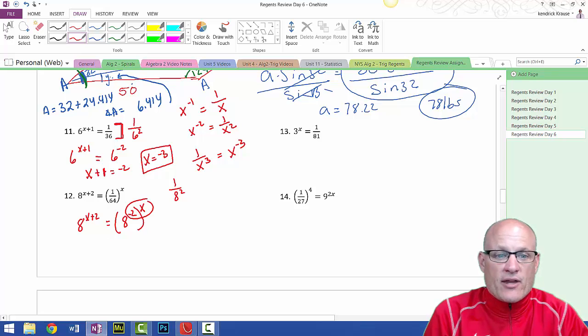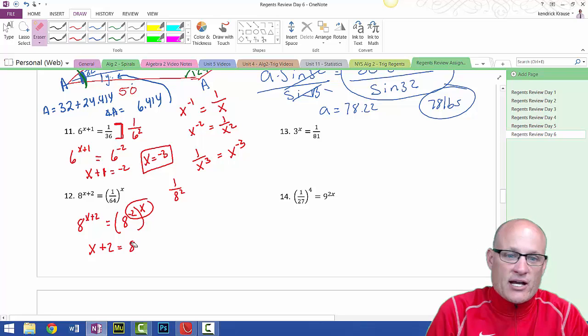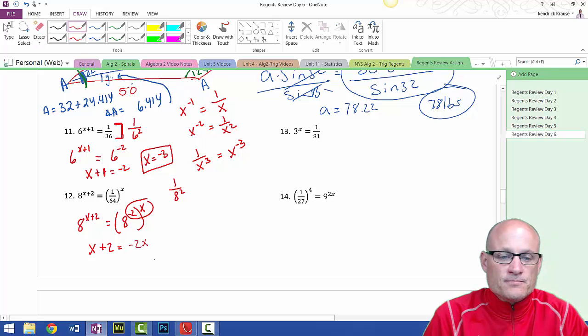So now I have 8 to the x plus 2 and 8 to the negative 2x, and I just set those exponents equal to each other. So x plus 2 equals negative 2x. I'll bring this over, minus x, and I get 2 is equal to negative 3x. Divide by negative 3, divide by negative 3, and I get x equals negative 2 over 3.